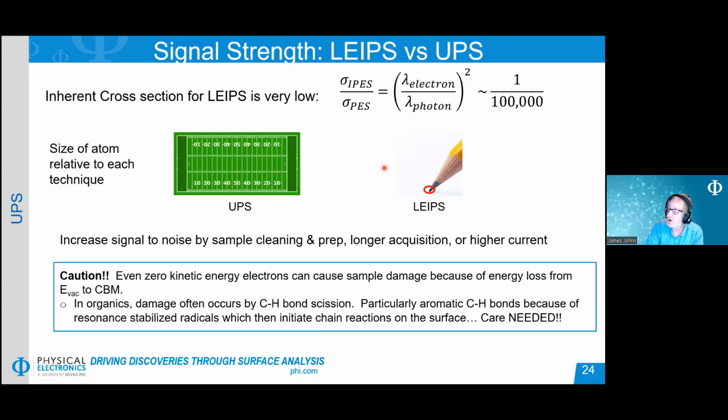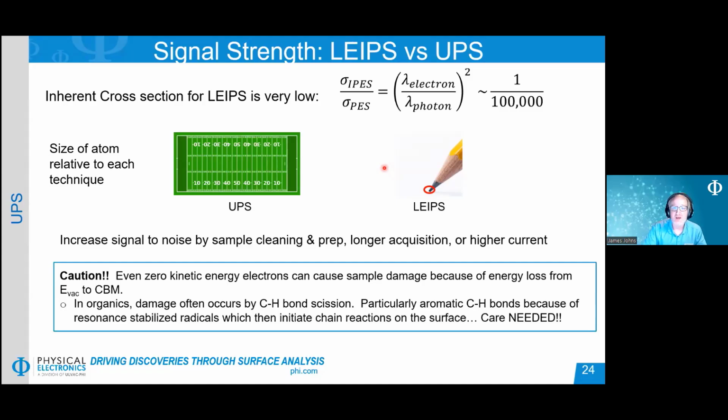And so that can still cause damage in some systems. The rate is low, but the more current we have, the more likely that is to happen. And so the temptation may be to increase your current to get more signal, to get more photons out. But if you do that, you need to be very careful that you're not damaging your sample while you do that. So just a note of caution.